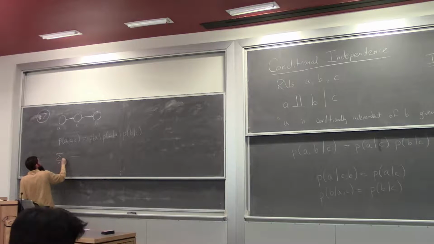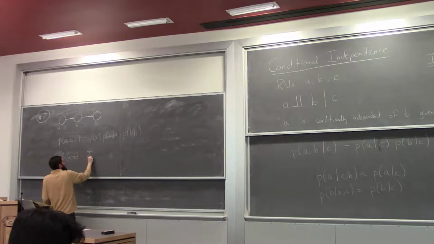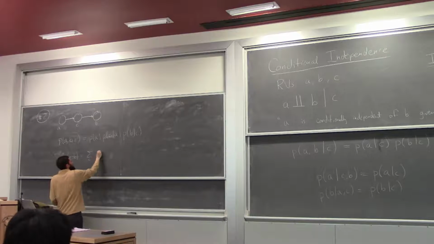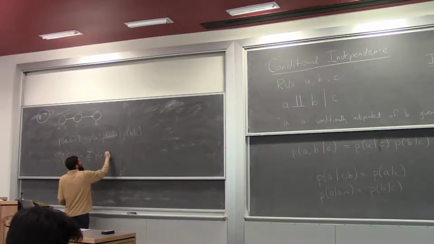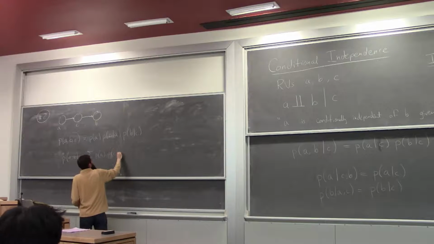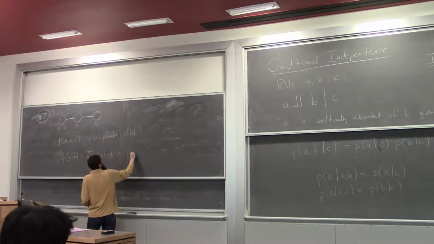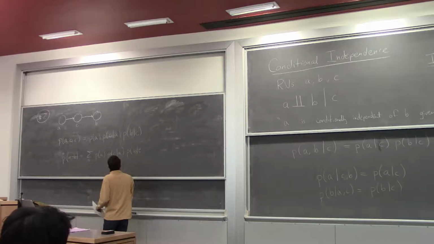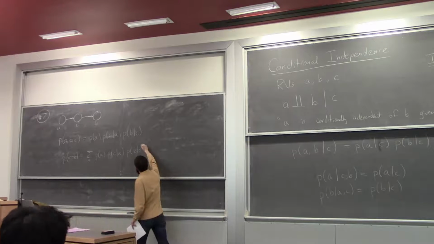And again, we can convince ourselves that that is actually true. If I sum over C here, we know this is going to be P of A, B, and this side summed over C, P of A, P of C given A, and P of B given C. Oops, I should put parentheses.